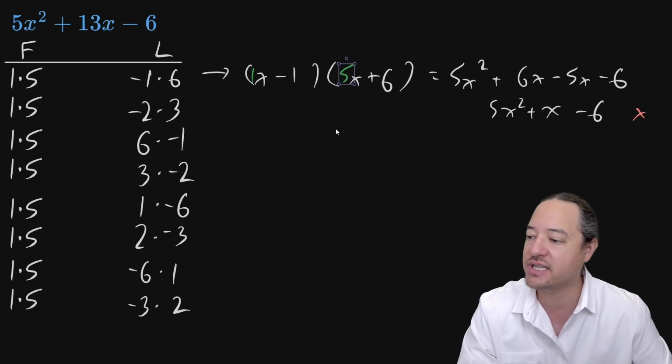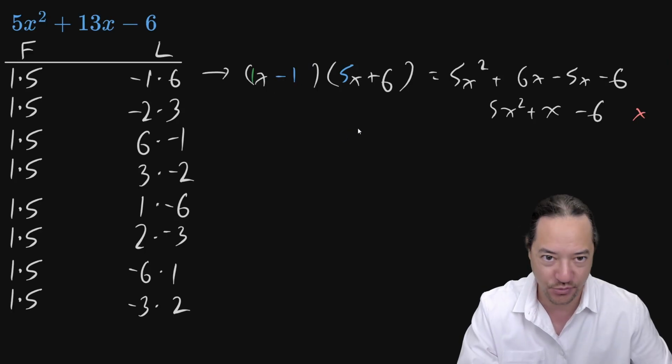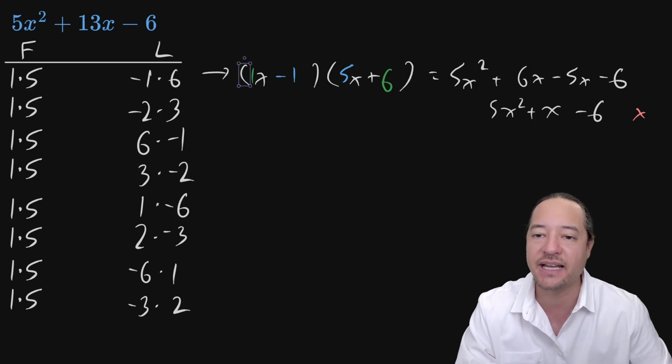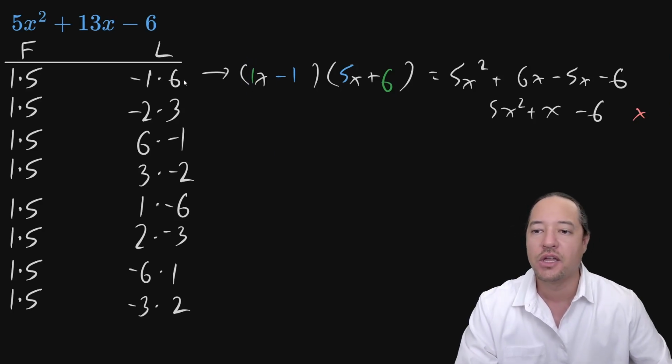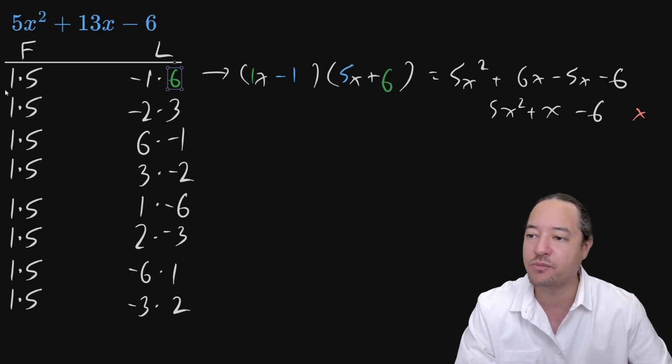Actually, you know what? Let me make this blue. Okay, let's do this as blue. And then we'll make this one also, well, it's a -1. Okay, let's make this one blue. And let's make this 6. Okay, now why am I doing that? This outer term is what we have here as blue. This is the other outer term also as blue.